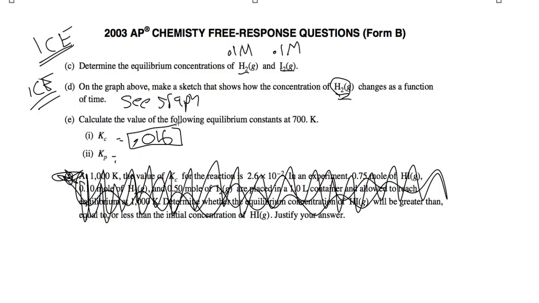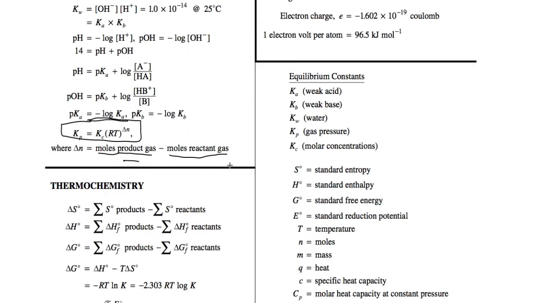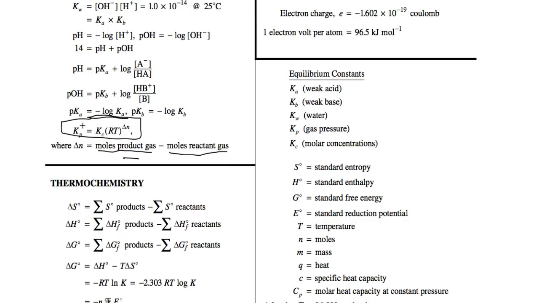Well, there's an equation that relates Kc to Kp, and we'll be talking about this a little bit more in class. If you go to the equation sheet that I have connected to part 1, you'll see the equation. Kp equals Kc RT to the power of delta N, where delta N is the change in moles, moles product minus moles reactant. I'll label this out for you right now.